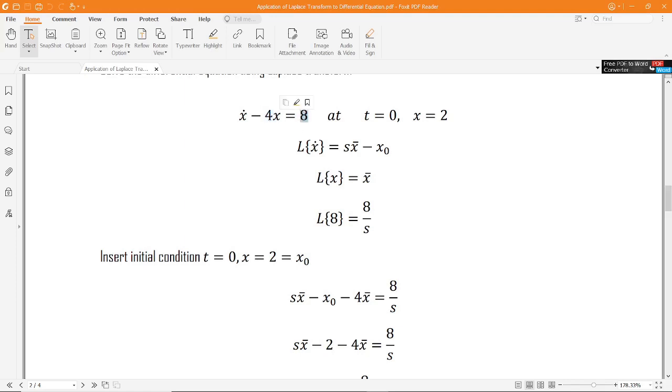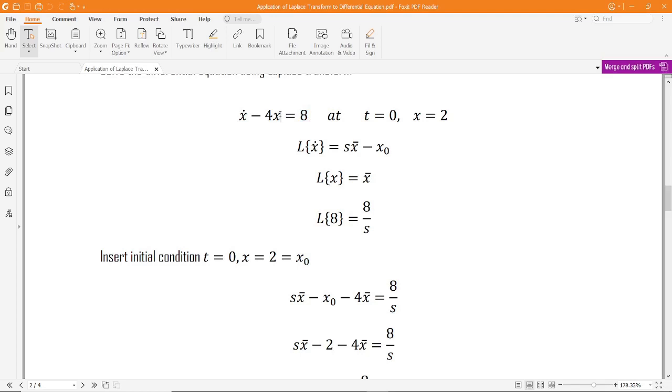It's only when you have a constant, or any other value that does not have x, that you can take the transform directly from the Laplace table. For instance, if this is sine of something, you can take the Laplace from the transform table that we have.